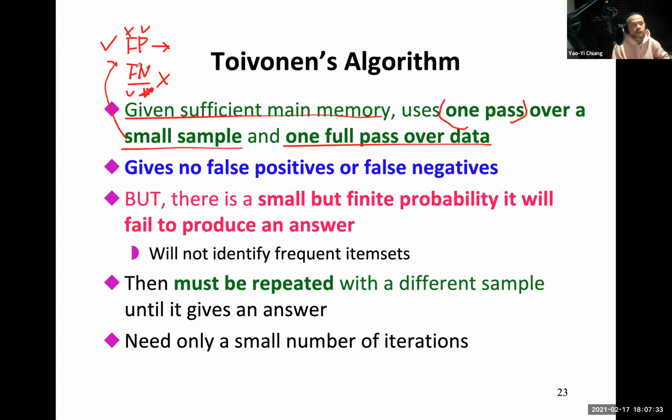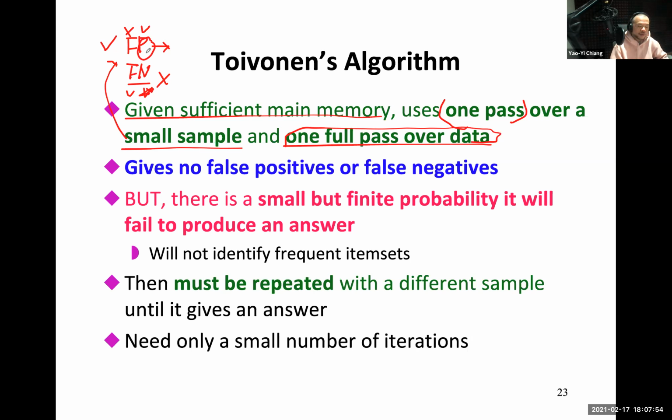And what do we do in the sampling approach to help us eliminate some of this? Well, we run again a full pass over the entire data set. We take all the positives and we count them, because now we only have a small set of identified frequent item sets.